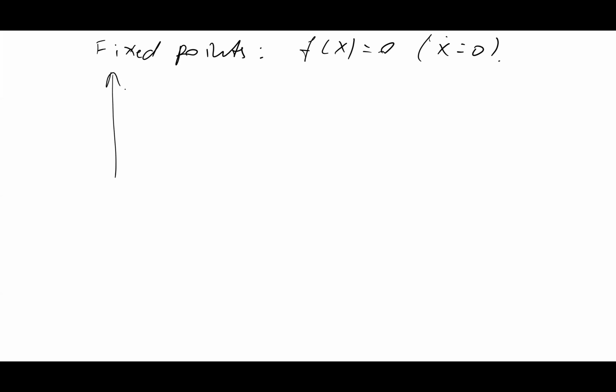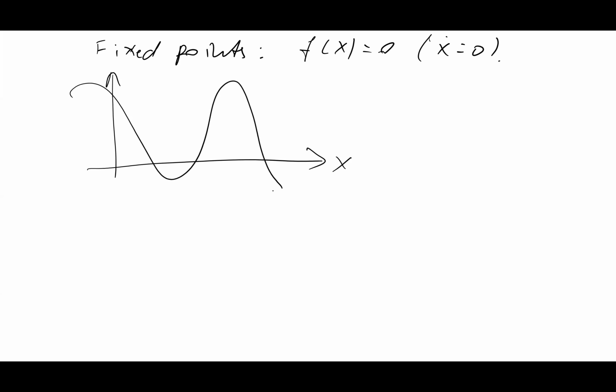To analyze dynamics in the system, what we do, we find fixed points, which are roots of the equation f of x equal to 0, which means x dot is 0. So when we find fixed points, let's show it. So assume this is our function f of x.